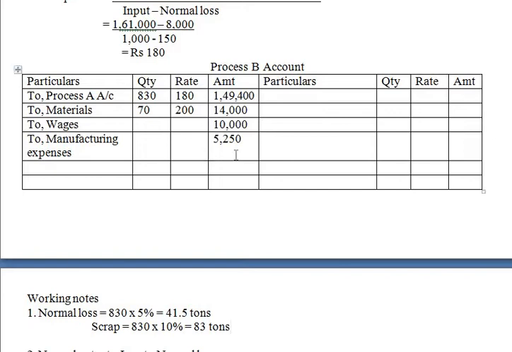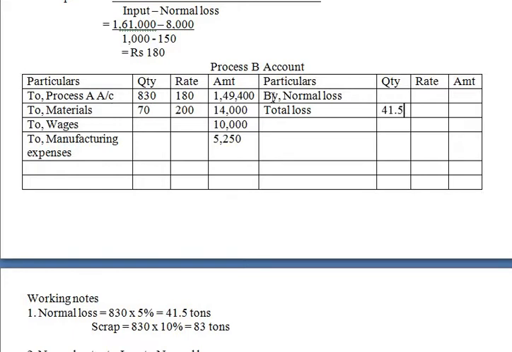Okay, now only scrap is having realizable value of rupees 200 per ton, which is already given in the problem. Now we are going to show this on the credit side of process account by normal loss. Okay, that is a total loss we call total loss. It is 41.5.